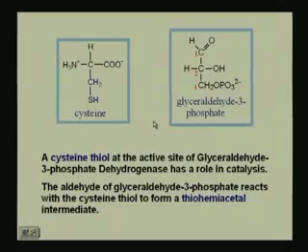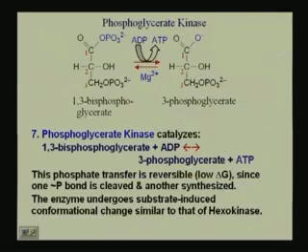In the formation of 1,3-bisphosphoglycerate, the enzyme glyceraldehyde 3-phosphate dehydrogenase utilizes a cysteine thiol to bring about the reaction. And in the next step, we lose the phosphate to ADP, which produces ATP, and we have 1,3-bisphosphoglycerate plus ADP go to 3-phosphoglycerate plus ATP.